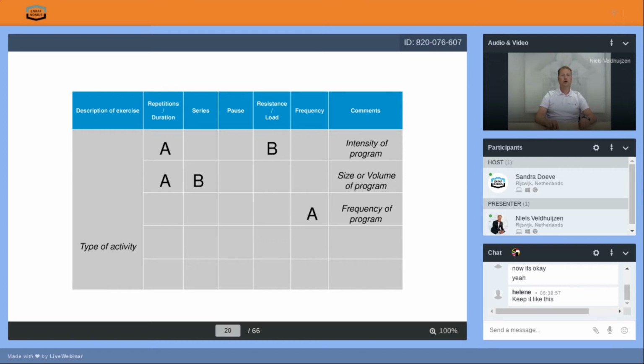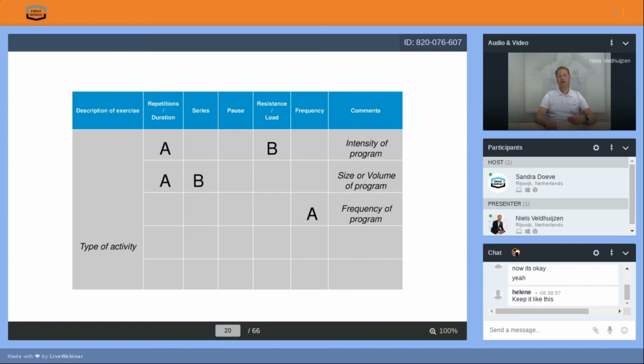When you multiply the repetitions duration with the amount of series, you get an idea about the size or the volume of your program. Of course, when you look at the frequency, you get an idea of how often they have to do it, and the type of activity can be described by the description of the exercise.